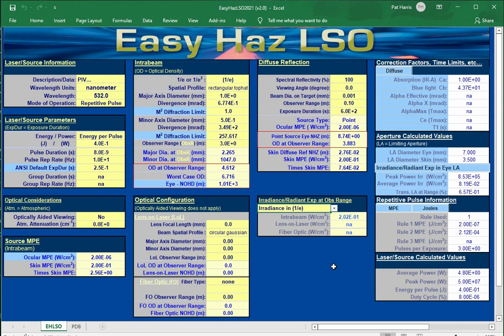Oh wait, there was one other thing we wanted to look at here, and that is what happens if we caught a 4% reflection off an optic surface. What would that look like? Because most of the time that's what happens. When an accident occurs, it's from a reflection off of one of the optics.